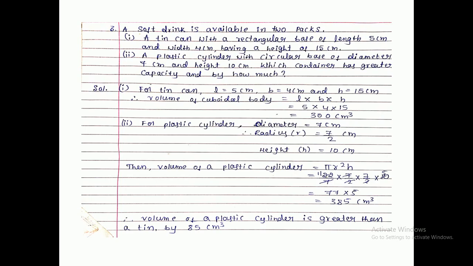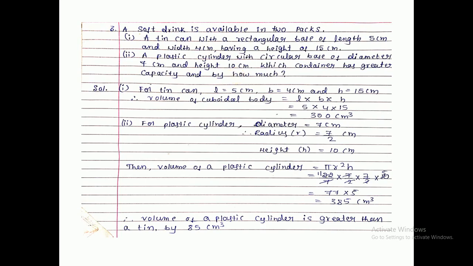Okay, so here they have mentioned a tin can with a rectangular base, in the sense it's a cuboid shape, no? Length 5 centimeter, breadth 4 centimeter, having a height of 15 centimeter. Second question, a plastic cylinder with circular base of diameter 7 centimeter and height 10 centimeter. Which container has greater capacity and by how much?